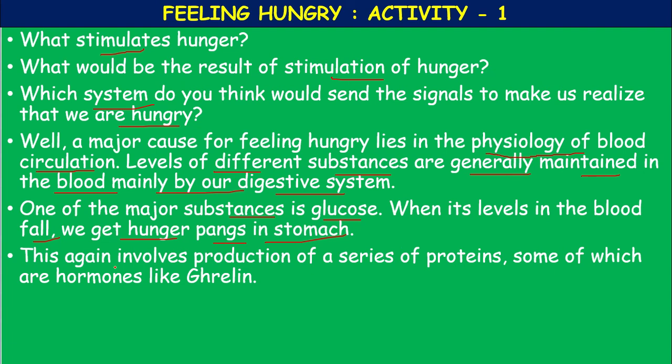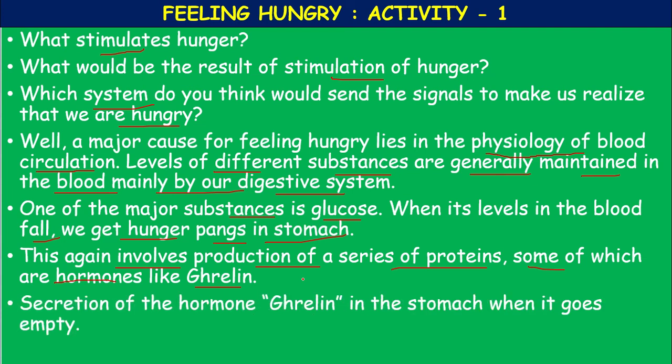So this again involves the production of a series of proteins, some of which are hormones. What is that hormone which causes the hunger pangs? That is ghrelin. Ghrelin is the hormone which produces hunger pangs in the stomach. The secretion of this hormone ghrelin occurs when the stomach goes empty.